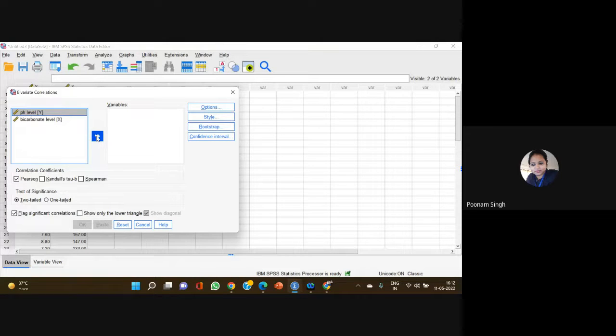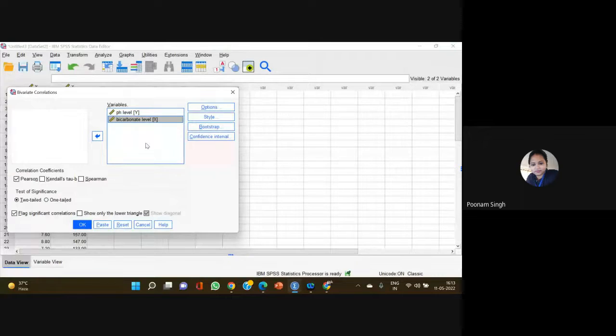So we will move both the variables Y and X to the right. Since this is bivariate analysis, we will need at least two. If we have only one variable, then the OK button is not enabled. So we will have to pass both the variables to calculate the correlation coefficient.